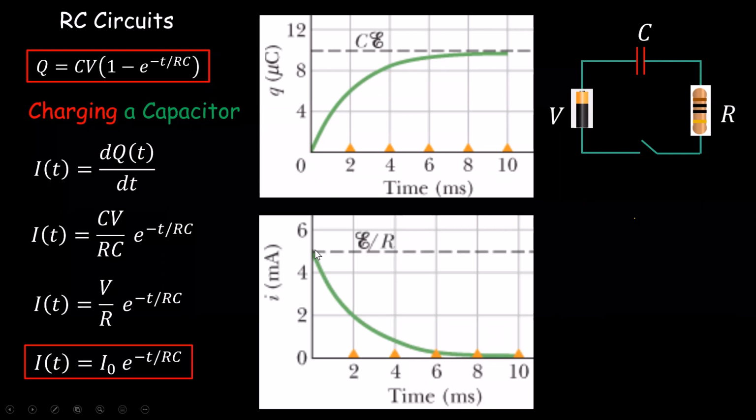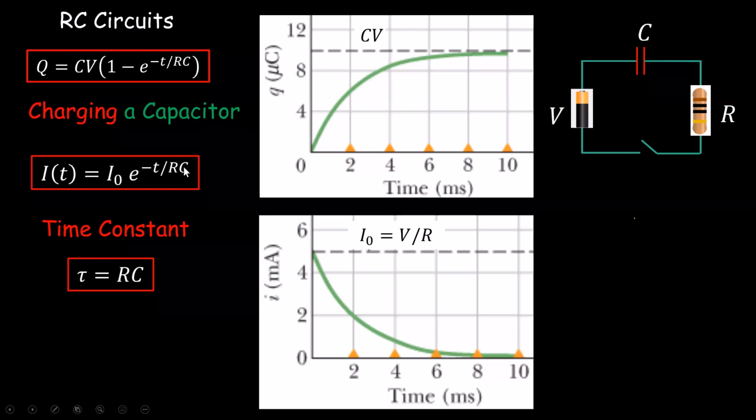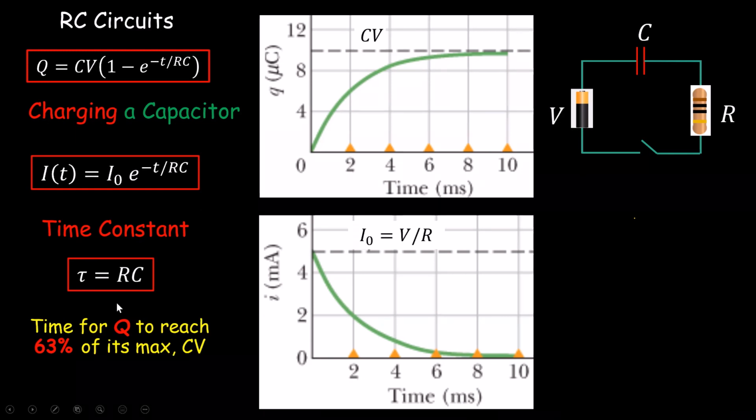The current goes from its initial value, decaying to 0 like an exponential function. Now, this quantity RC is called the time constant, denoted by tau equals RC. The time constant is actually the time for the charge to reach 63% of its maximum value CV.